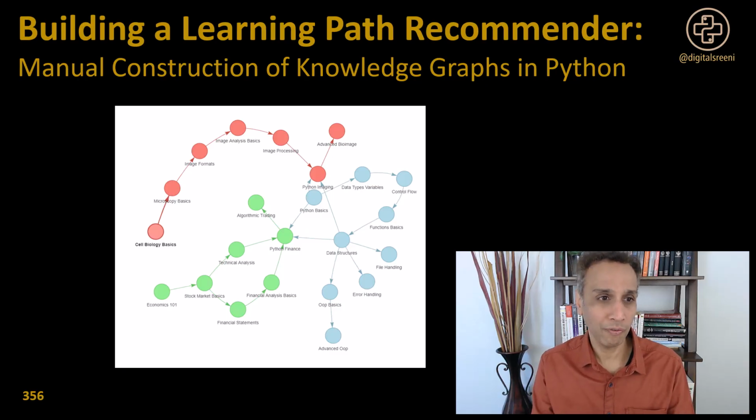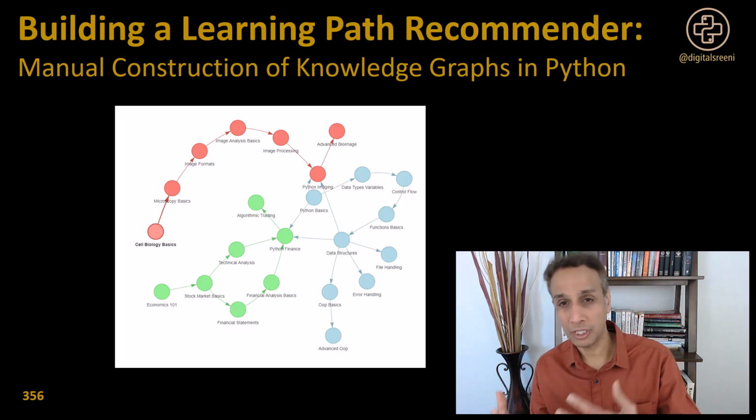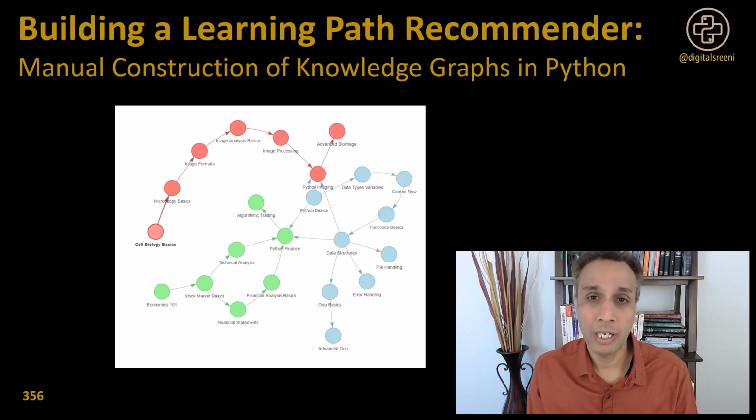Because if you want to be notified of the next video where we actually build a graph that's not as simple, much more complicated, because there we are going to load all the 400 plus videos that I have on my YouTube channel, along with the titles and the descriptions, and then we run natural language processing.